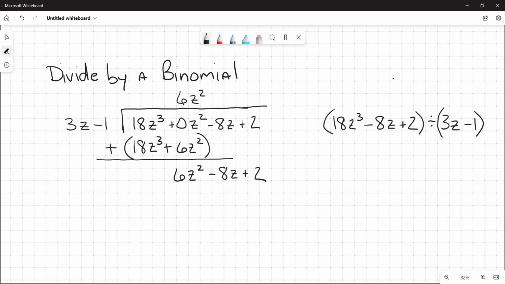Now we repeat the process, dividing into this level. The 3z into the 6z squared goes positive 2z times. Multiply 2z times 3z, that's 6z squared. 2z times negative 1 is negative 2z.